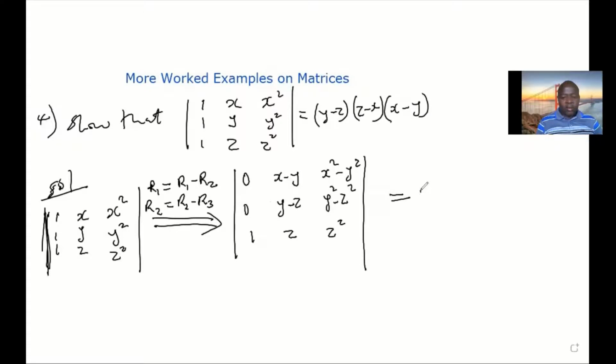That determinant is 1 multiplied by, when I delete the row of 1 and the column of 1, what I'm left with: x minus y, x square minus y square, y minus z, y square minus z square. That's what I'm left with.